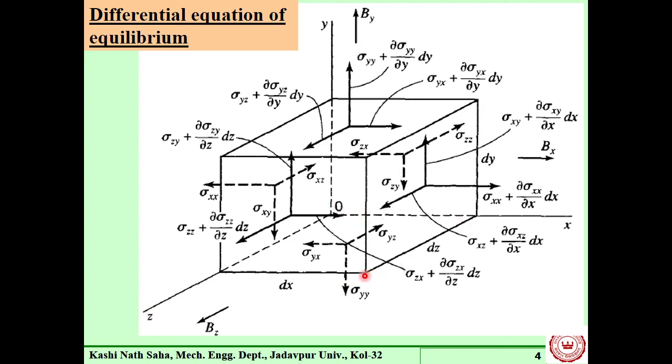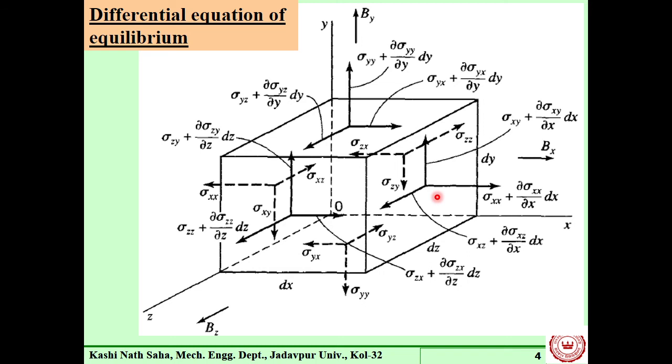That means the front plane, which is observable from us; this was the back side. Here, due to this change in space coordinate, the magnitudes of the stresses will also change.